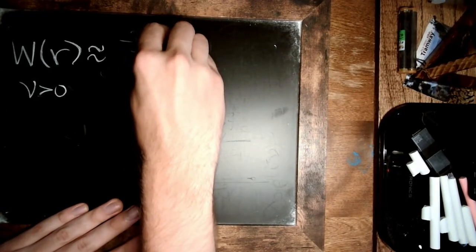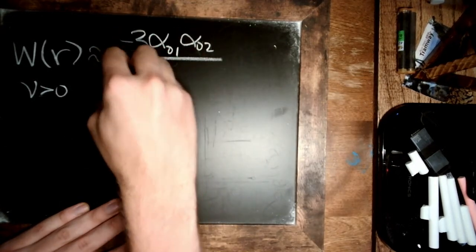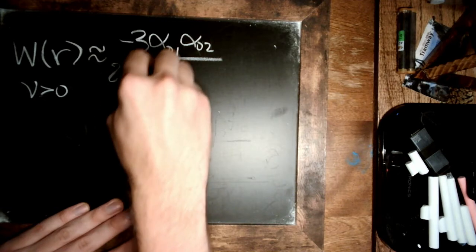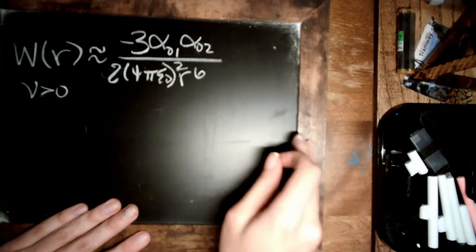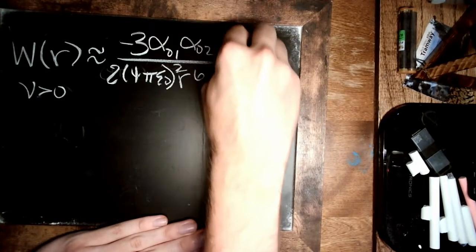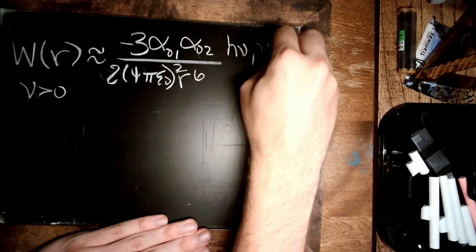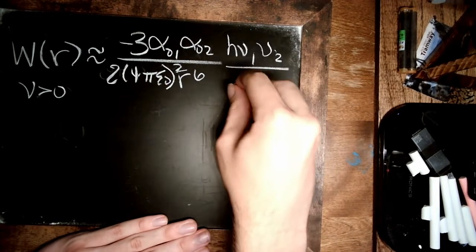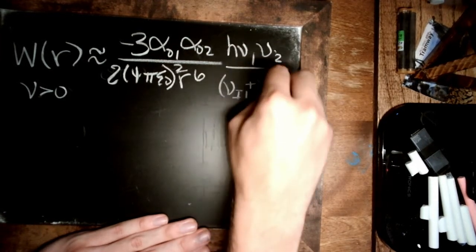You get the multiplication of the alphas, factor of 2, r to the 6th, and finally h nu 1, nu 2 over nu I1 plus nu I2.